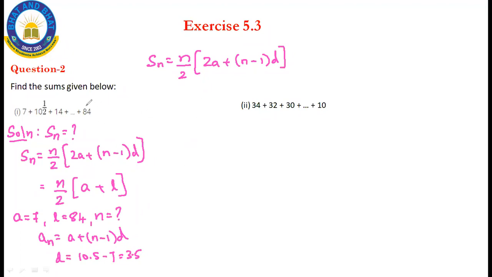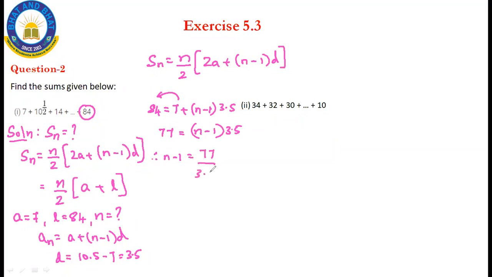So an, the last term, is 84. So I can say 84 is equal to 7 plus n minus 1 into d. d is 3.5. So if I take 7 this side, it will become 77 is equal to n minus 1 into 3.5. Therefore, n minus 1 is equal to 77 divided by 3.5.